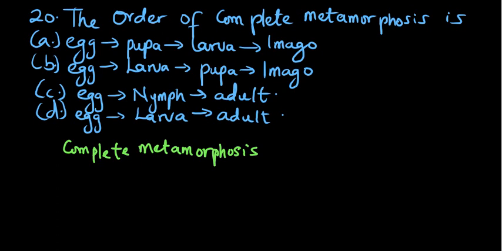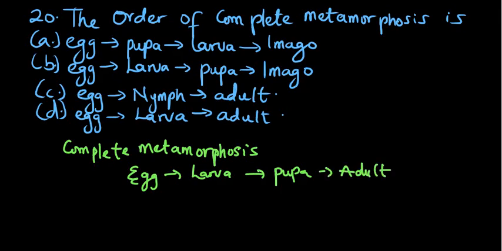So the stages are egg, followed by larva, followed by pupa, followed by adult stage. Why the incomplete? It will involve what? 3 stages. That is, one of the stages is missing.